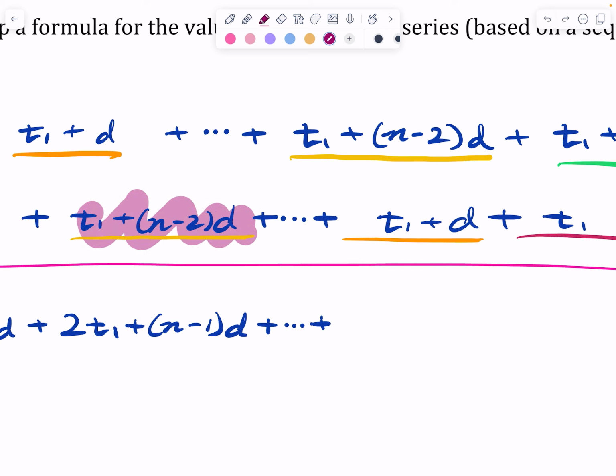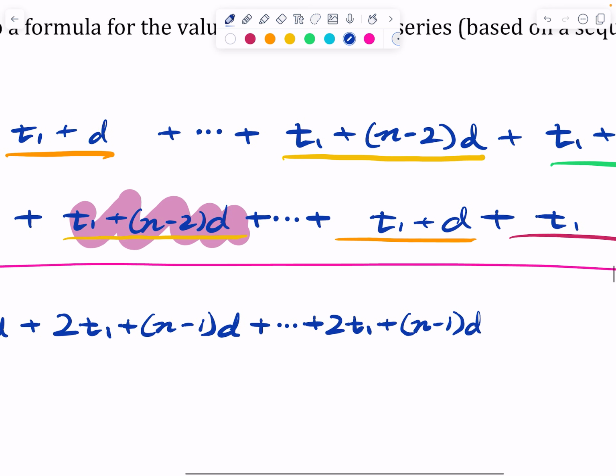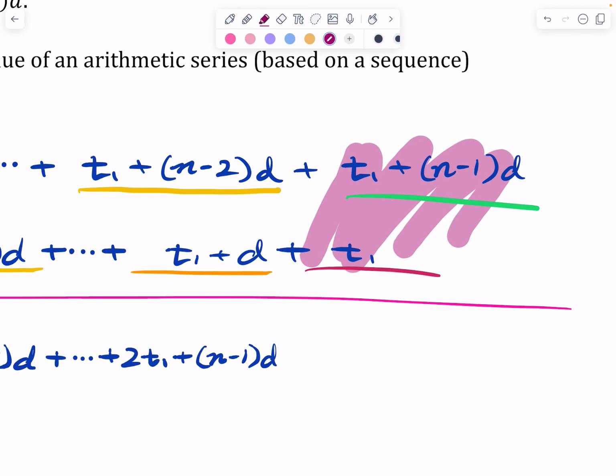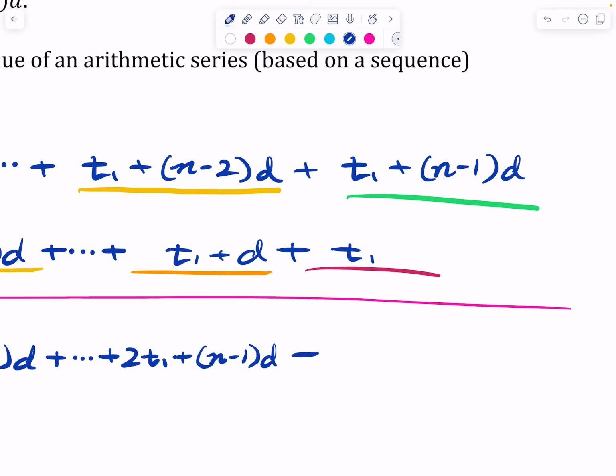It gives us the same sum overall, which is, once again, 2T1 plus n minus 1 d. And then finally, at the very end, adding these two columns together, that's just like our very first one, and that is, again, 2T1 plus n minus 1 d.